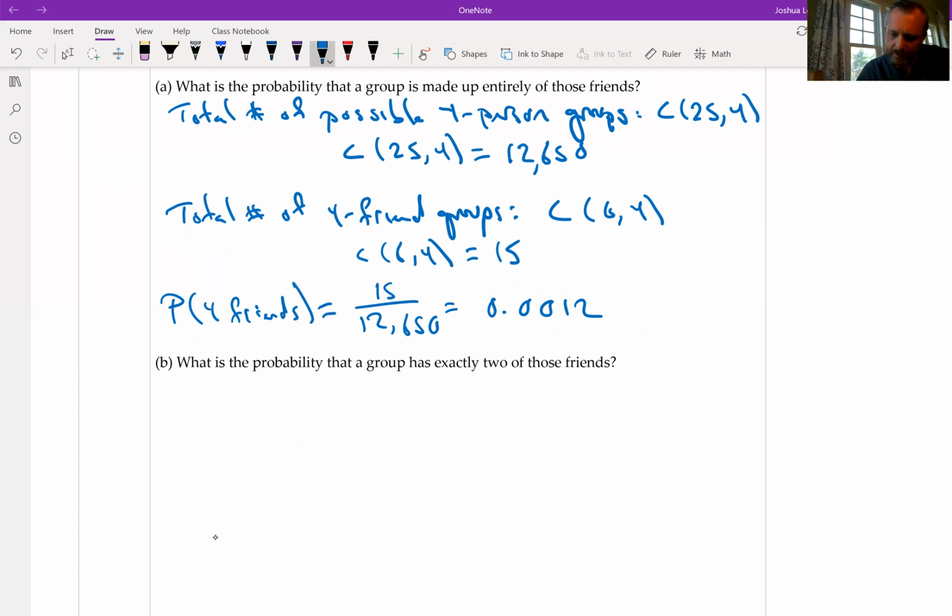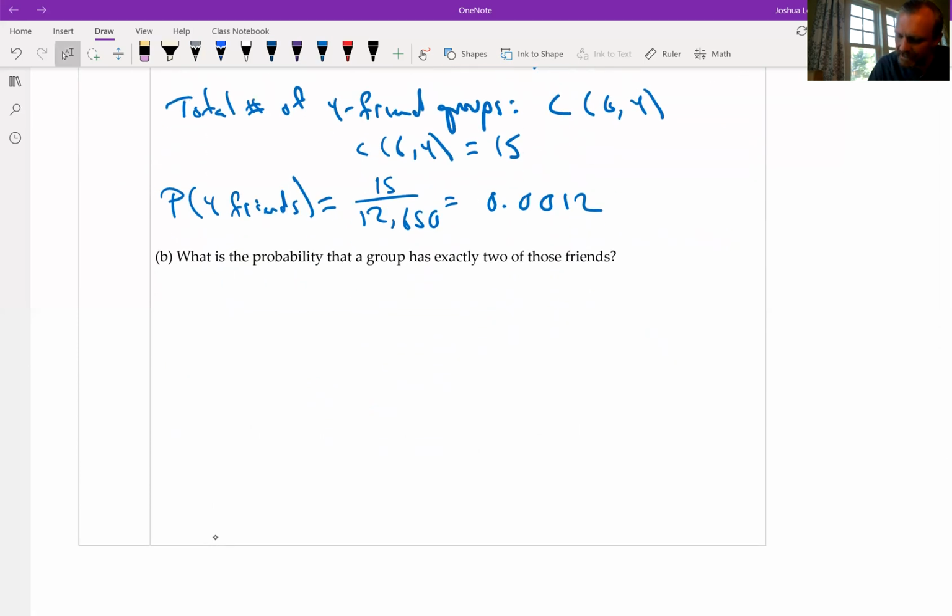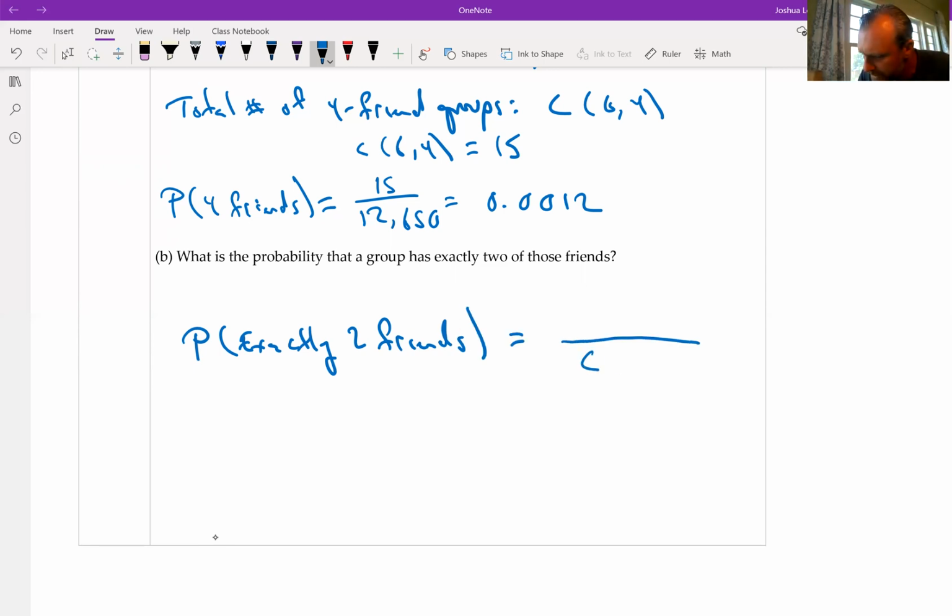Let's try this again. Probability that a group has exactly 2 of those friends. Why don't you give this one a try? So again, my denominator is still going to be 25C4, all combinations of 4 students out of 25. But my numerator, there's really 2 things going on, right?